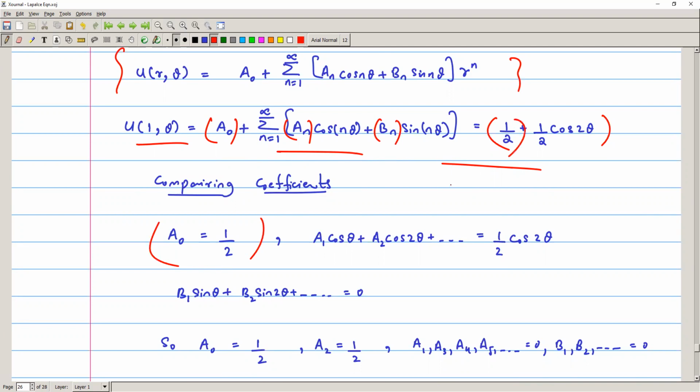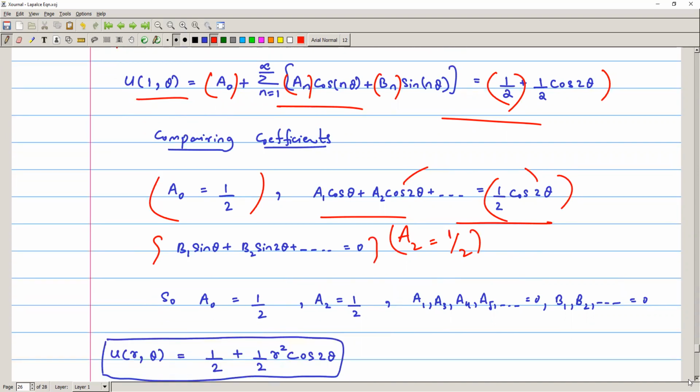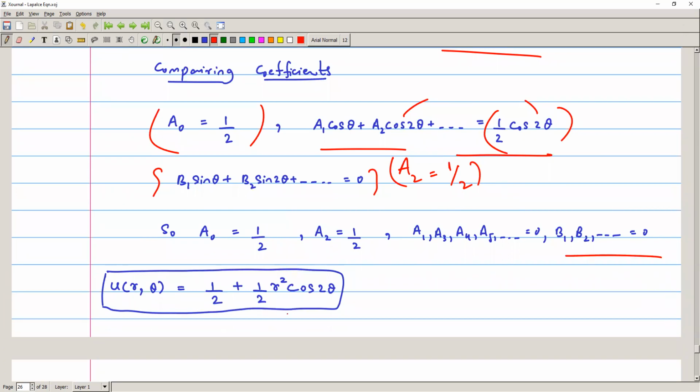This is the constant we can easily find, and then this series will equal half cosine 2 theta, that is a1 cosine theta plus a2 cosine 2 theta and so on. From here we can see that a2 equals half and all other coefficients are 0. And for b_n, nothing is on the right hand side for sine, so all b's are 0.